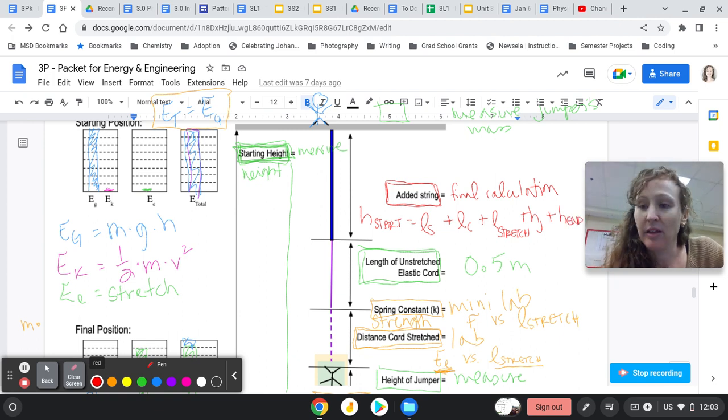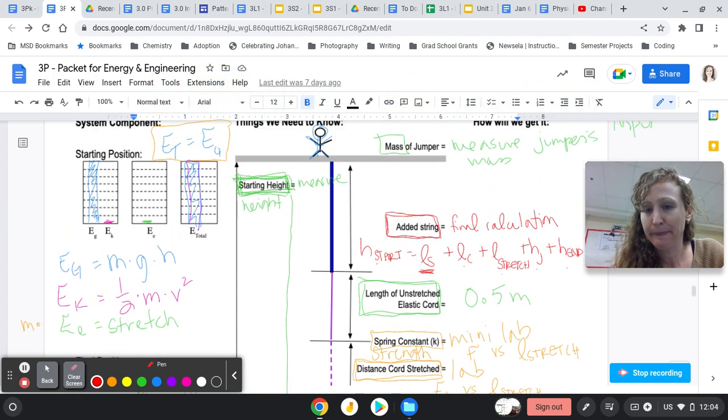So by the end of the lab, we should know all of this. We should have measured the starting height. We know the cord is going to be 0.5 meters. We're going to figure out how far it stretches. We're going to measure the height of our jumper. We're going to have the height at our end. And then we can use all that to find the length of our string that we need for this Barbie to have a fun and thrilling jump.